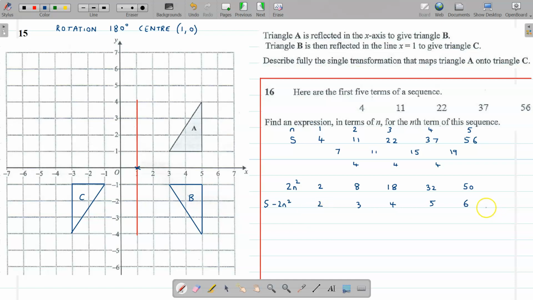So our full formula for the sequence is 2n squared, that's the quadratic part, plus n plus 1. And that's the most common method of solving that sort of problem.